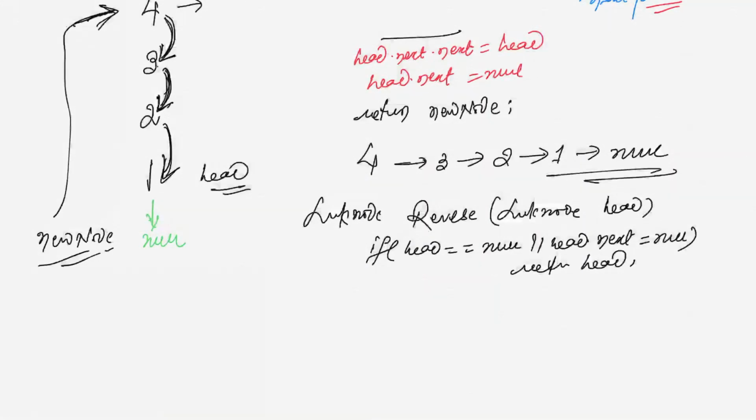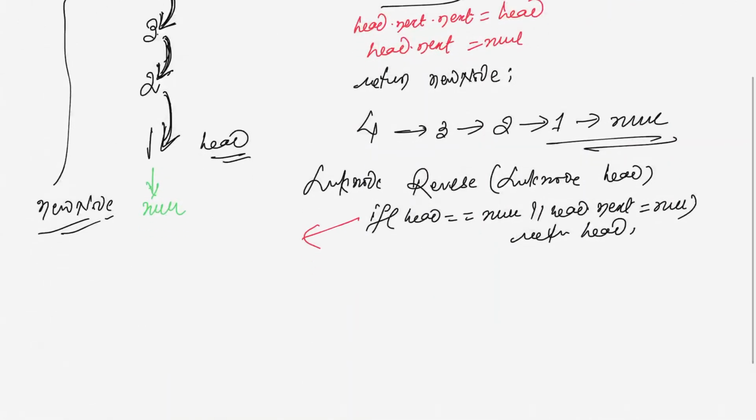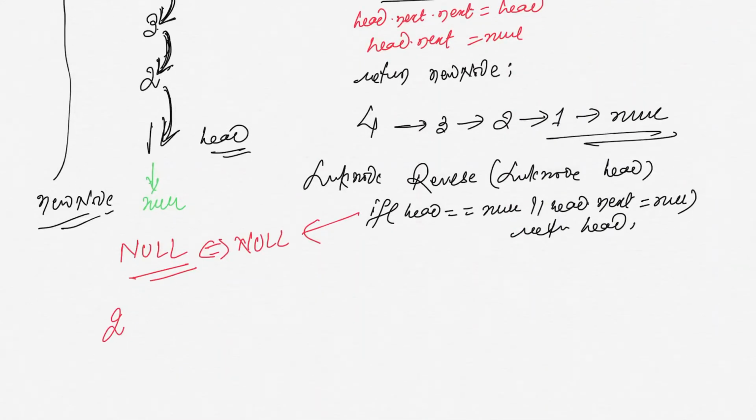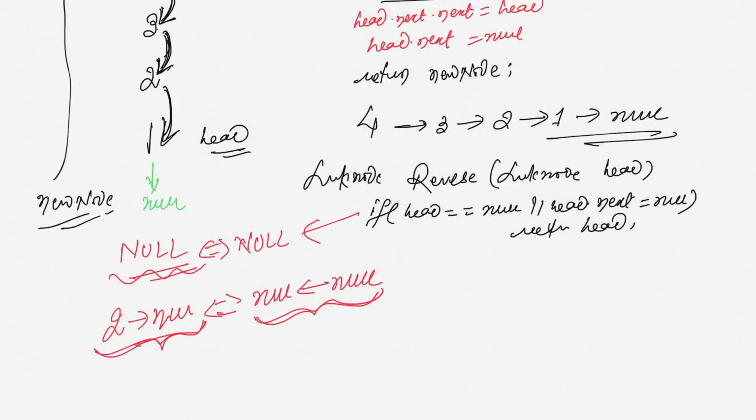Why have we taken this as the base condition? If your head is null, what could be the reverse of null? It is going to be null. Second, if head is the tail node, there is no sense in reversing, so we can return the same head. If the head node is the tail node, you can return the same node, and if your head node is null, you can return null.